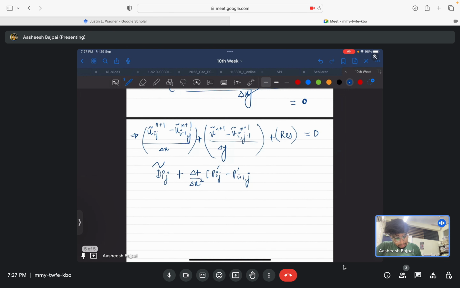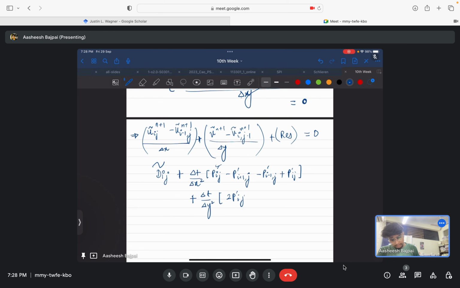P dash i plus 1 comma j minus p dash i minus 1 comma j plus p dash ij, plus delta t by delta y square, and then 2p dash ij.